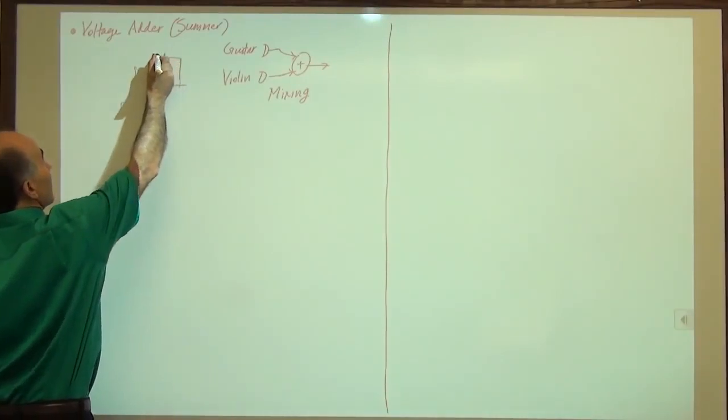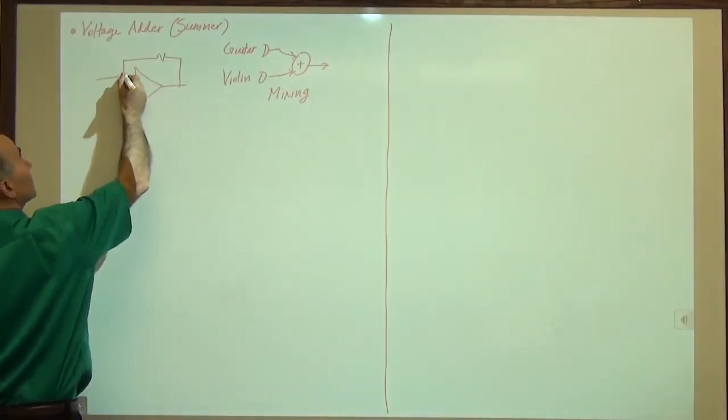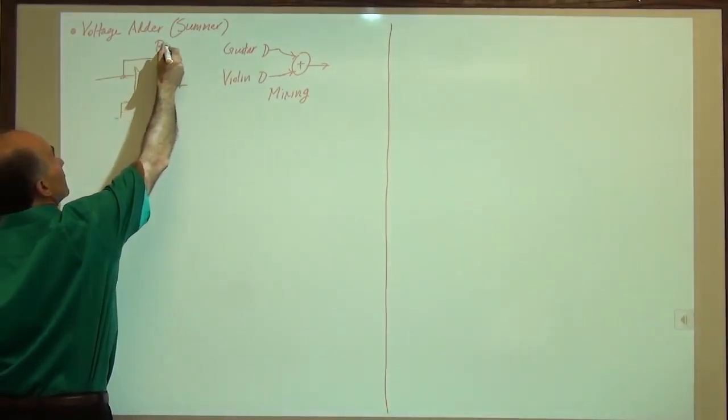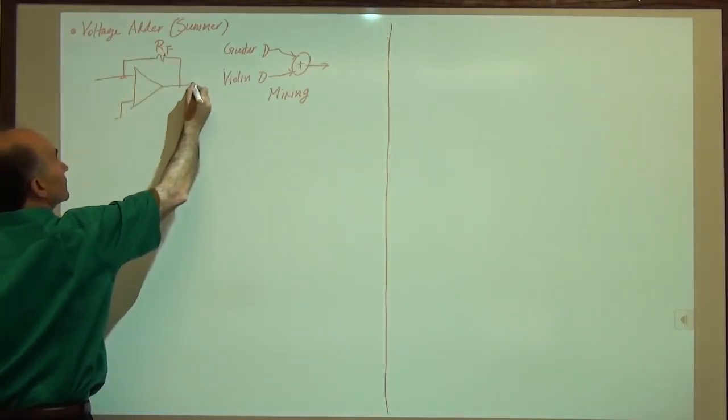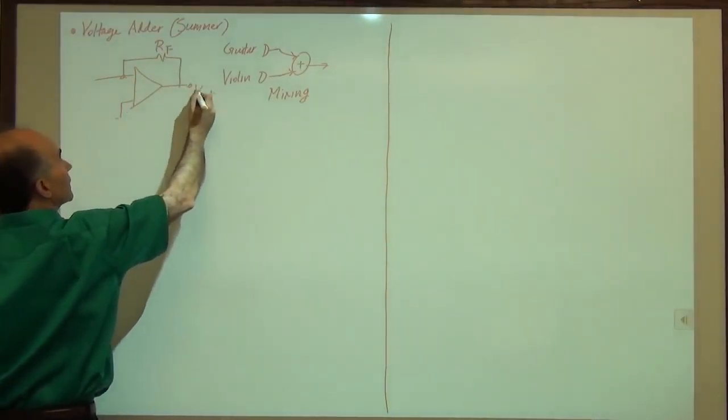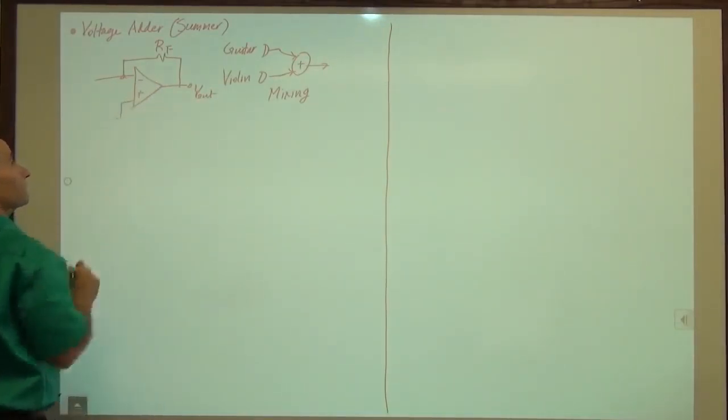So here's the inverting amplifier topology with a feedback resistor, let's call this RF, V out, negative, positive.